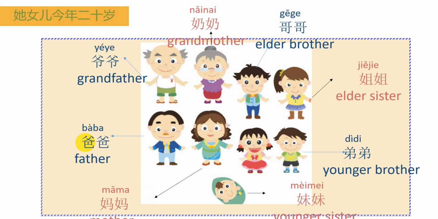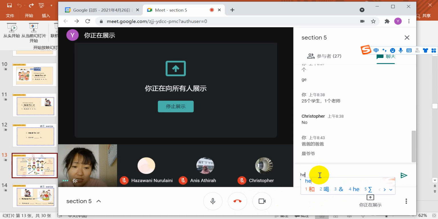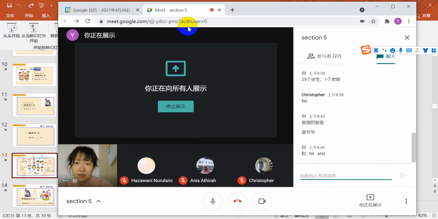As for me, 我家有3口人，爸爸妈妈和我。In this sentence there is a word 和, which means and, like in English: mother, father, and I. In Mandarin, 和, the second tone.